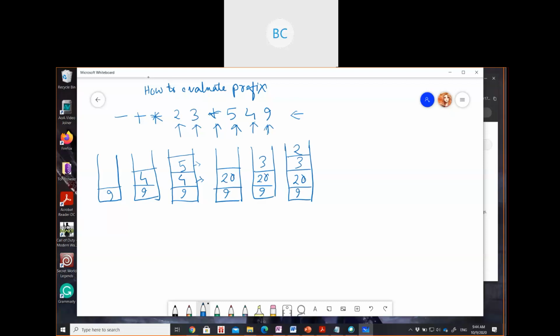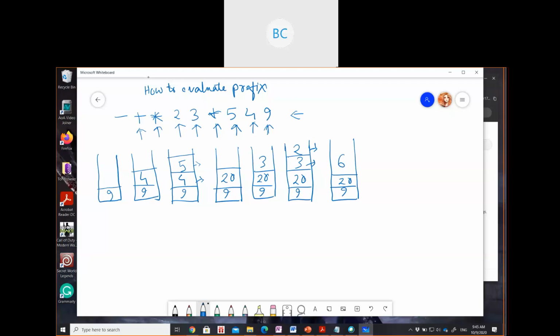Now you move again. Now you have a multiplication. So you will simply pop two items here and perform the operation. What will be the value of 2 into 3? It's 6. Correct?